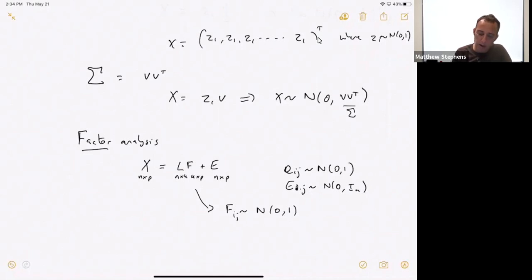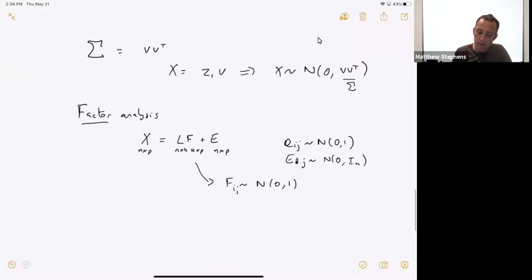So if you integrate out F, you get that X given L is actually multivariate normal 0, L L transpose plus the identity. You can change the mean if you want, but people usually start with models which have mean 0.